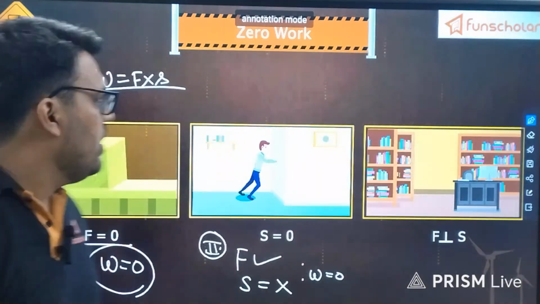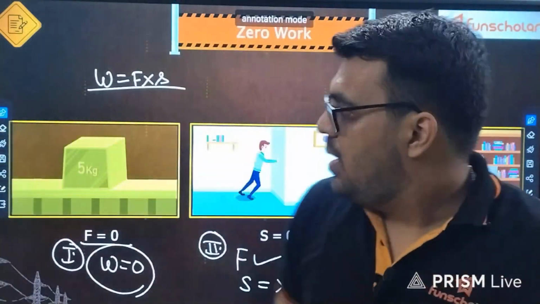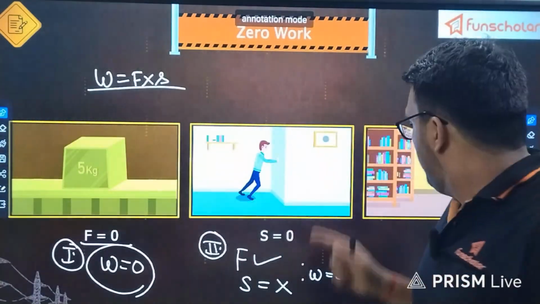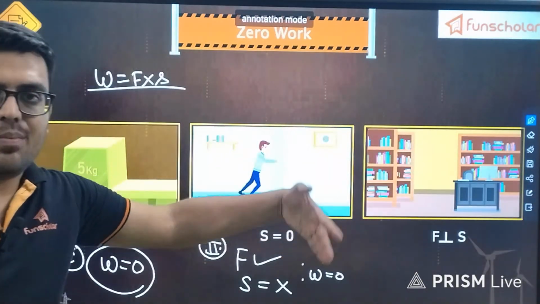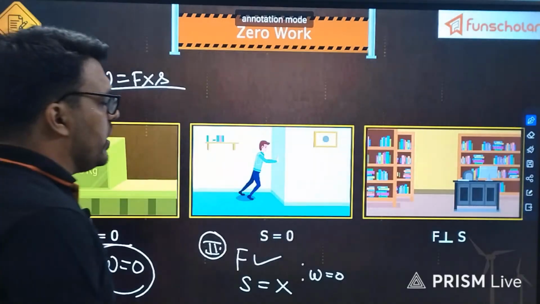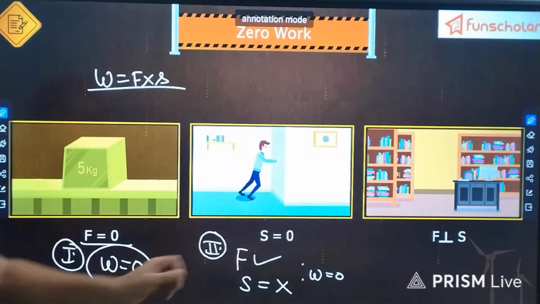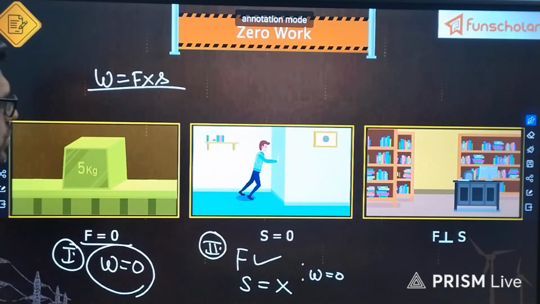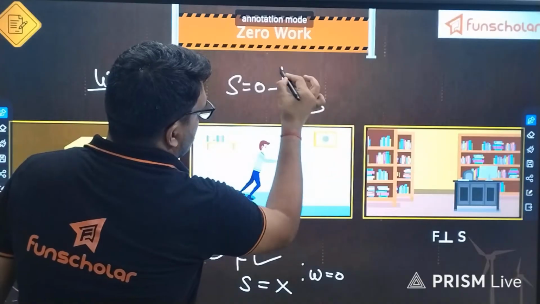So it means that either the force has to be zero or the displacement has to be zero. See this particular scenario also. Now this is something that I am trying to discuss. Take this example. I will first talk about S equals 0, and there are two cases.